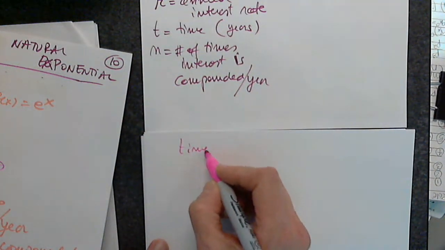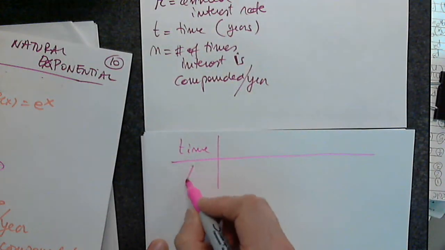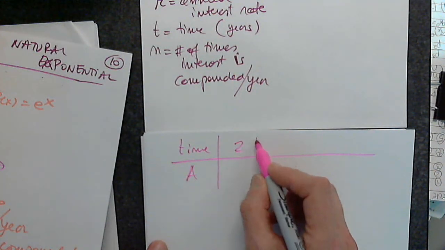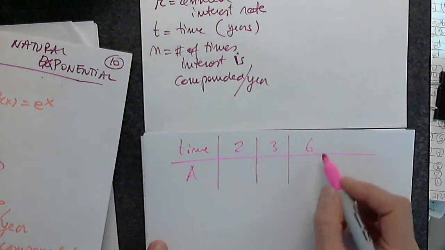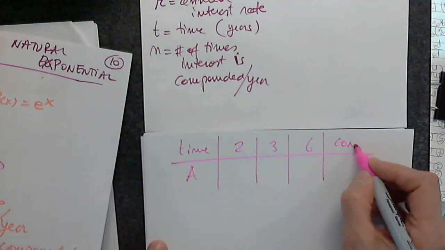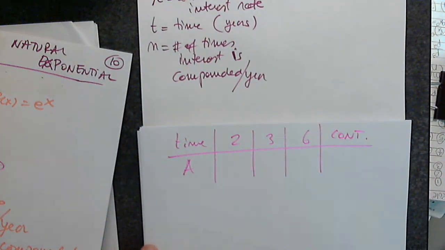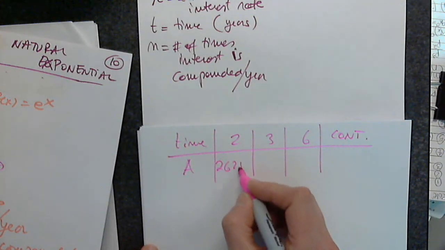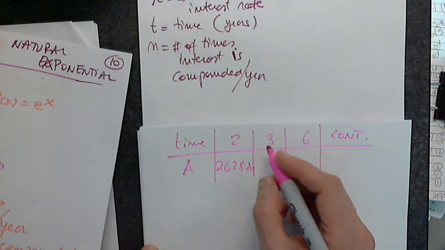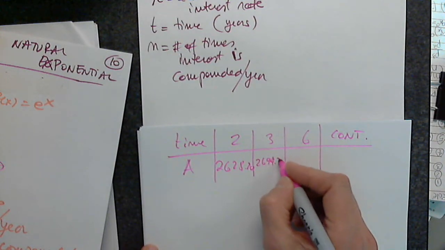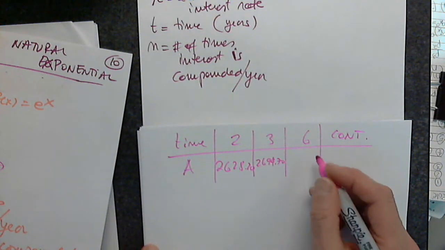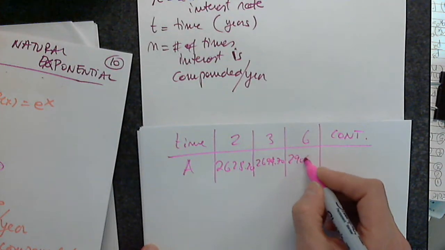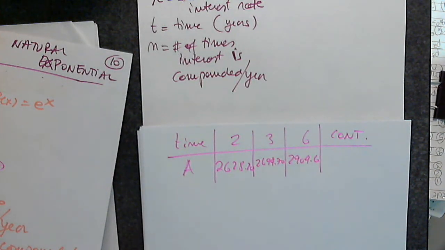So time and A. So 2 years, 3 years, and 6 years. And continuous. So for 2, I got 2628.20. For 3, I got 2694.70. And for 6, I got 2904.6.